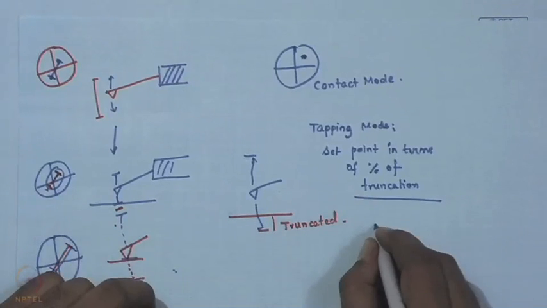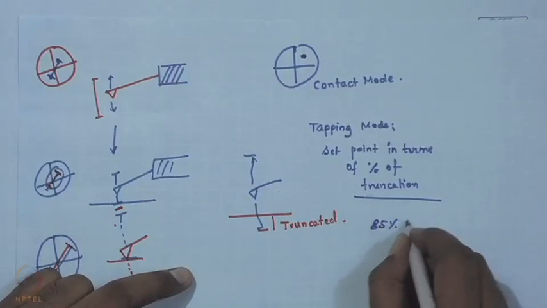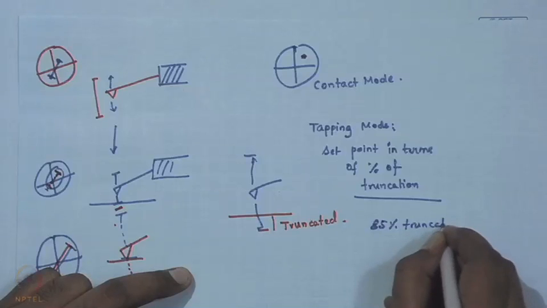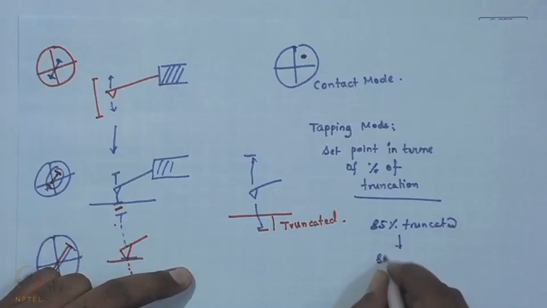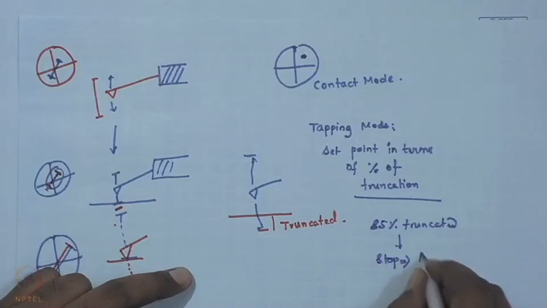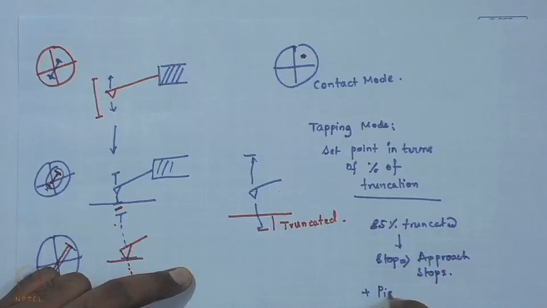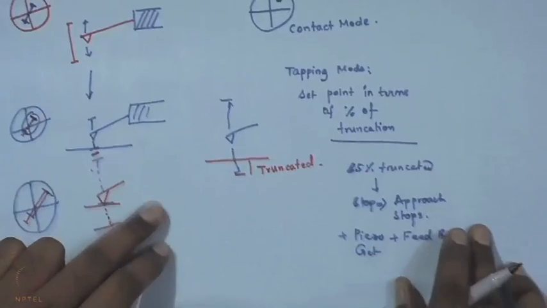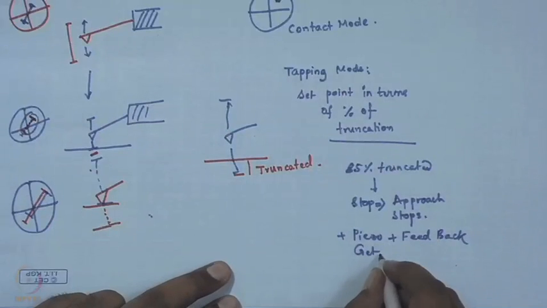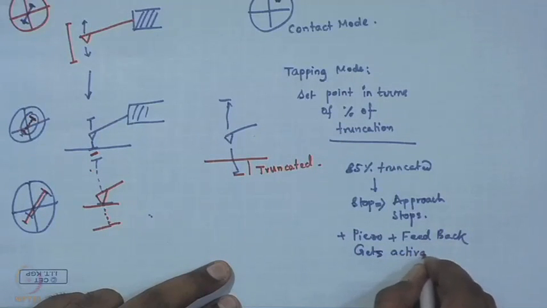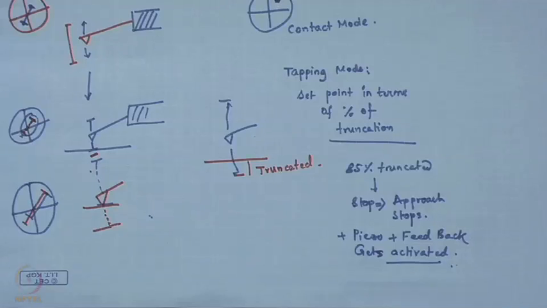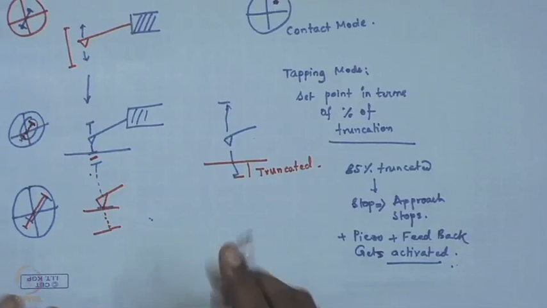And so, you say that when my signal is 85% truncated, I would stop. Stop means approach ends and piezo and feedback gets activated. Okay.